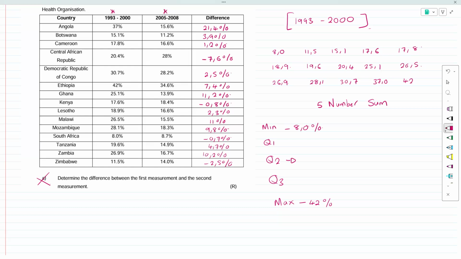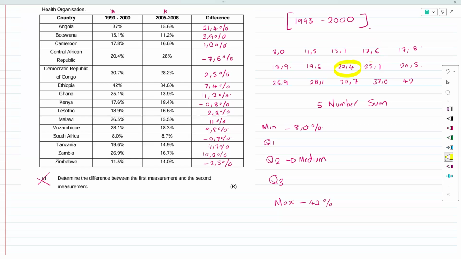Quartile 2 is the median. Now, guys, there are multiple ways. We can physically count, 1, 1, 2, 2, and I'd end up with quartile 1 as 17.6%, and quartile 2, the median, as 20.4%.